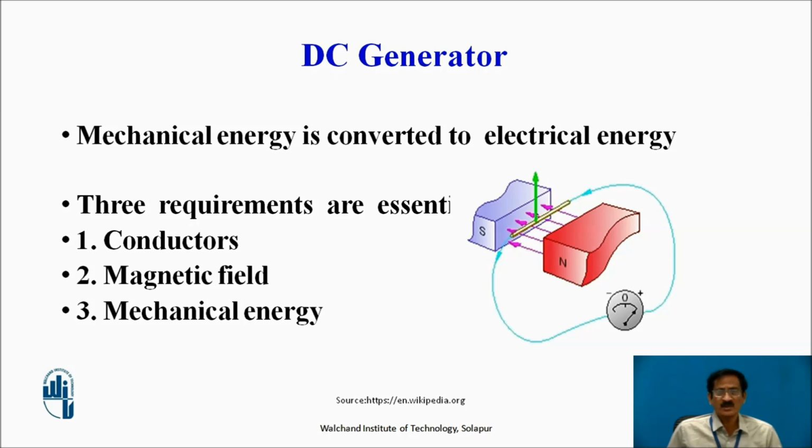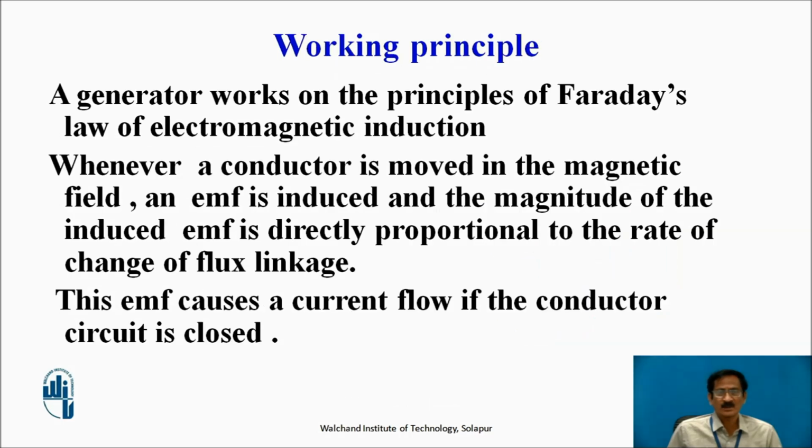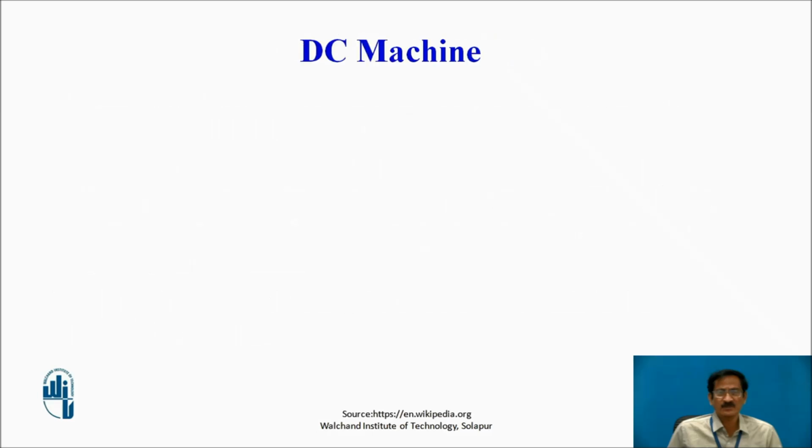Due to the motion of this conductor, there is a cutting of flux and EMF is induced. This is the working principle of the generator. Whenever a conductor is moved in a magnetic field, an EMF is induced.